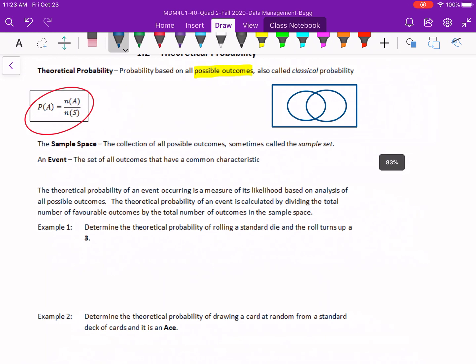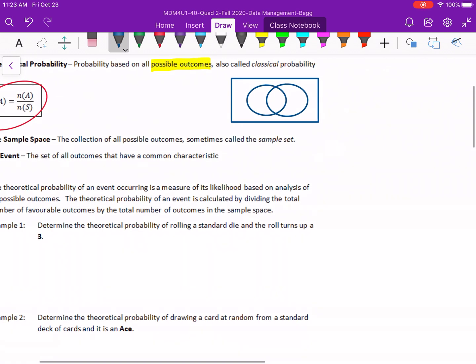Okay, so this is a classic kind of Venn diagram. And the box represents everything. And we call that the sample space. And what's inside the box are specific events. We've already talked about an event A, but we could have an event B and an event C. And sometimes these two events overlap even.